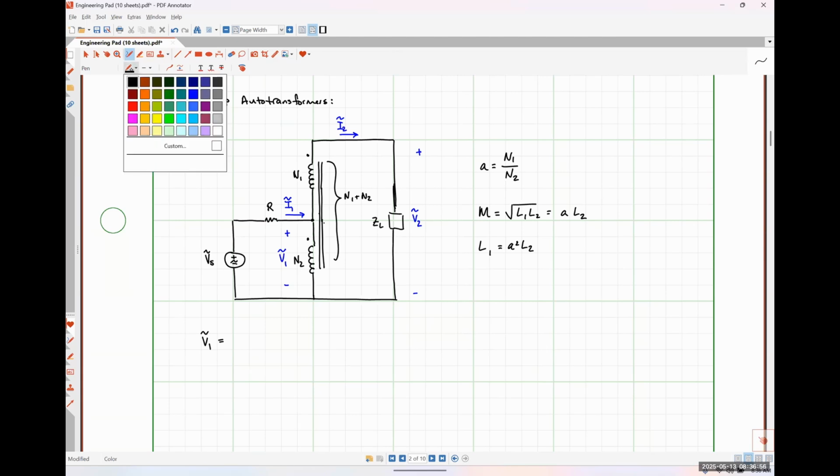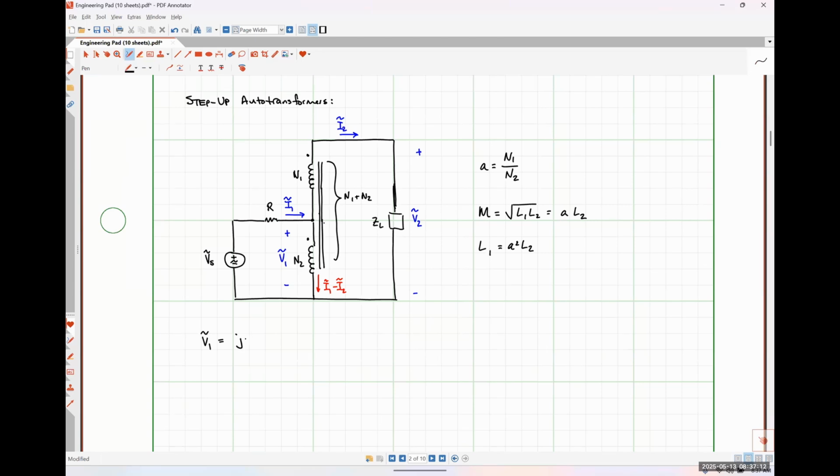The current that's flowing down here is going to be I1 minus I2. So what we will have is the impedance of that coil with N2 turns, which is j omega L2 times a total current of I1 minus I2. And then because our current I2 is flowing into the undotted terminal of that coil with N1 turns, we're going to have a minus sign on our mutual inductance term.